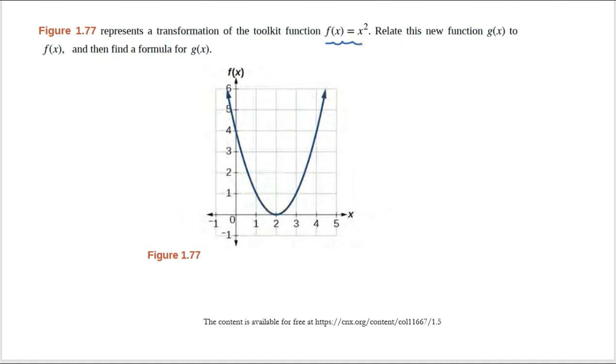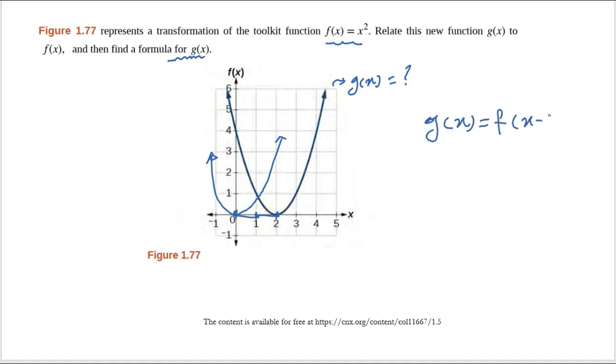Having f of x, find the formula for g of x. So this is g of x, and I want to know the formula of this graph. F of x is x squared, something similar to this. So I can see that the graph was shifted toward the right 2 units. So I use this equation, because when it's left and right, we use this equation.